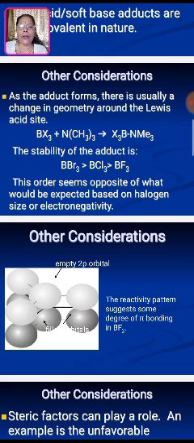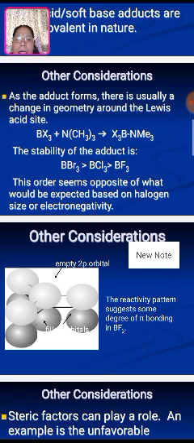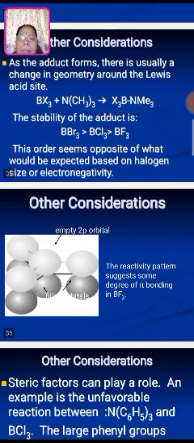Fluorine is more electronegative, so it will bond very strongly with boron. Another consideration is the empty 2p orbital and the filled orbital; the reactivity pattern suggests some degree of pi bonding in BF3.